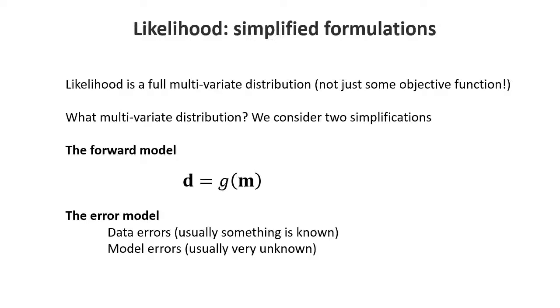These are, of course, less accessible. Data error, as we'll see in a bit, we can try to estimate by reciprocal measurements or repeating measurements, but model errors are basically conceptual errors that are very difficult to understand. One way that model error is often included is by proxy models.